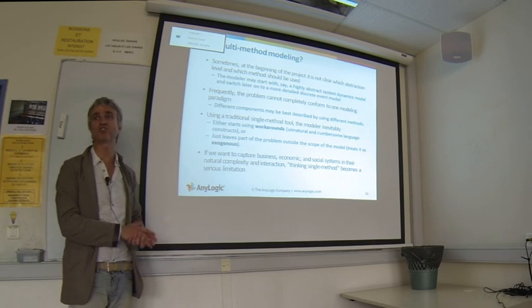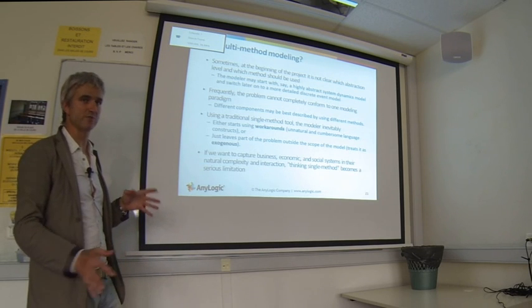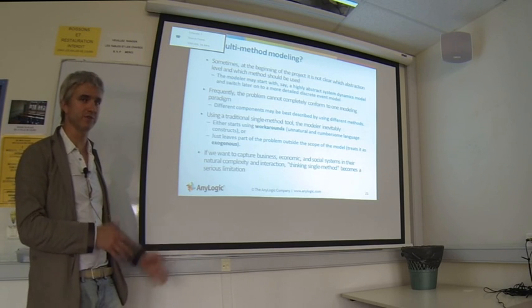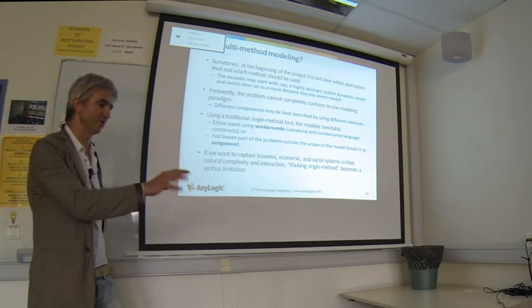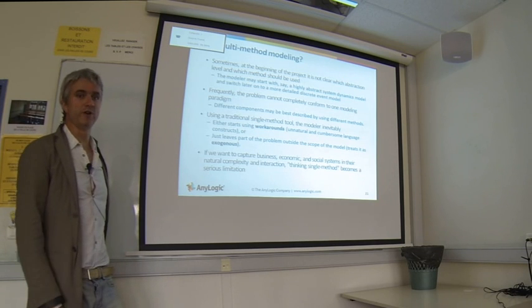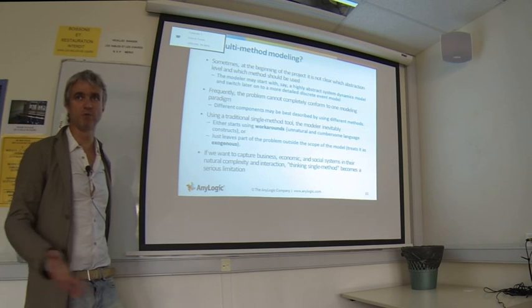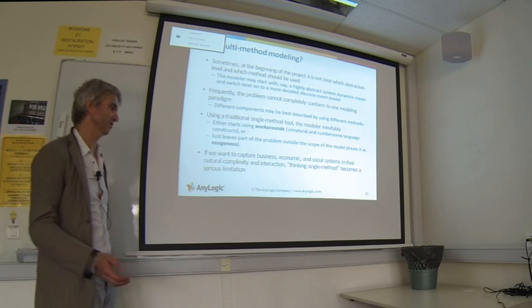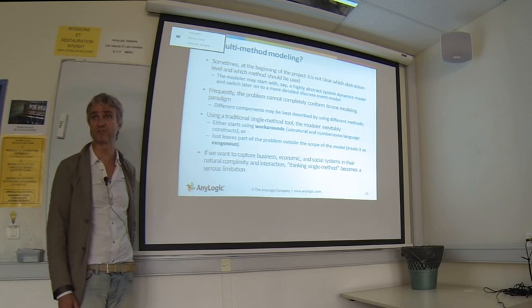I will build a process-centric model. Here are my resources. Here are my shifts. Here are the parameters I want to vary. These are the places where I expect bottlenecks, etc. It's also good when your problem is well suited and fits well with the system dynamics method.